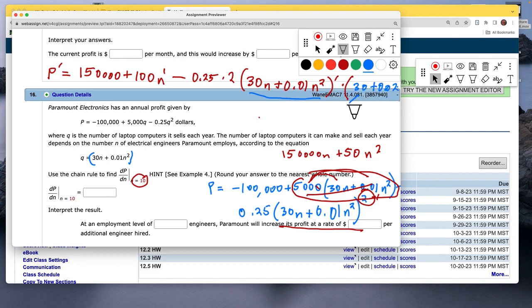Let me write it down here. So that goes there. And then we plug in 10 for n. So you don't have to simplify any further. Plug in, or whatever your value may be different. But notice it was really just that last part.